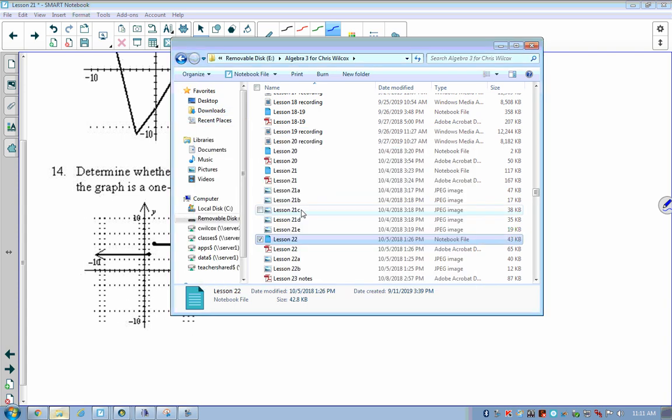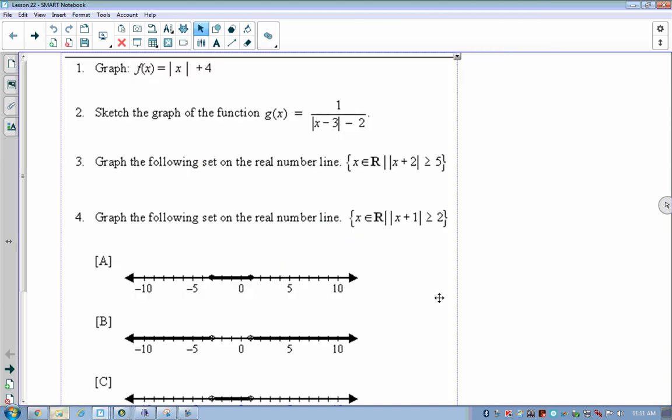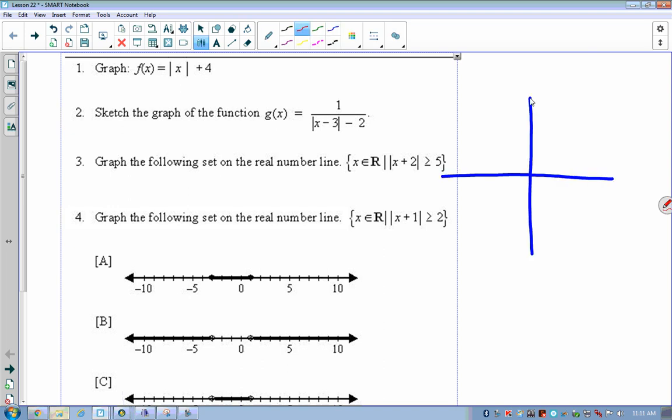A lot of this can be done in your calculator, which is handy for today's stuff because you don't have a lot of time. But it says graph f of x equals the absolute value of x plus 4. Well, I don't know if you remember this from geometry or not, but the graph of an absolute value looks like this. Okay, because my y's always have to be positive. Right? No matter what my x value. My x value can be negative, but it's always going to come out as positive.